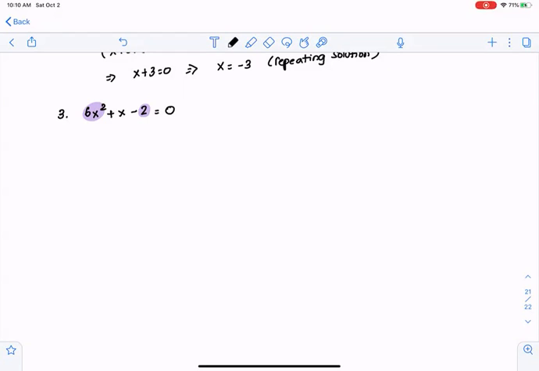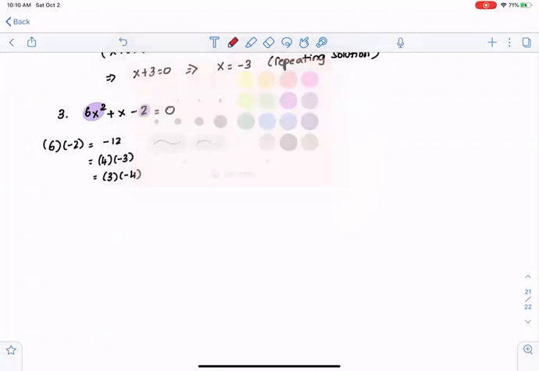So 6 times negative 2 is negative 12. I could write that as 4 times negative 3, or 3 times negative 4. 4 times negative 3 gives me x, so right away I can pick that and ignore the other one.